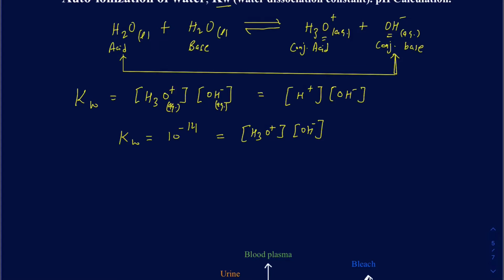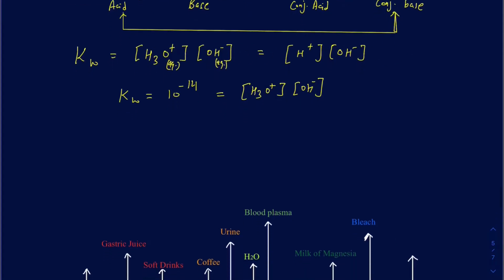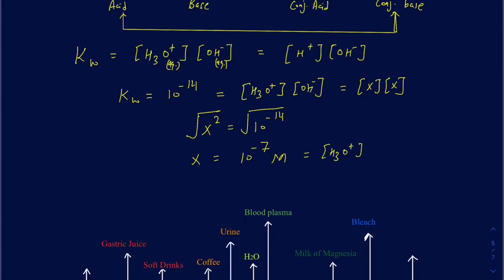Or another way of saying, in pure water, the concentration of H3O+ and OH- is the same. So we can assume they're both going to be x. If they are both x, then x squared equals 10 to the minus 14, and you take the square root on both sides, and x comes out to be 10 to the minus 7 molar. So that's the concentration for both your H3O+ and OH- in pure water.